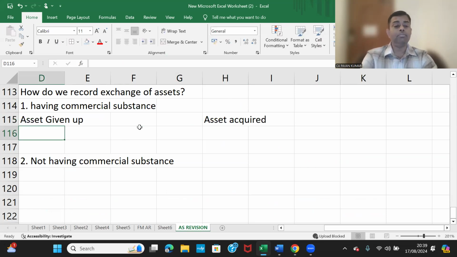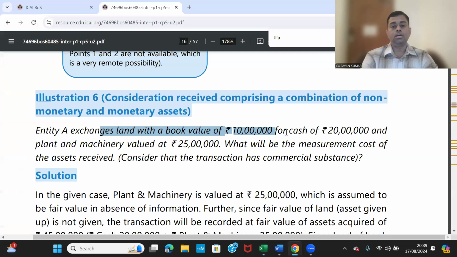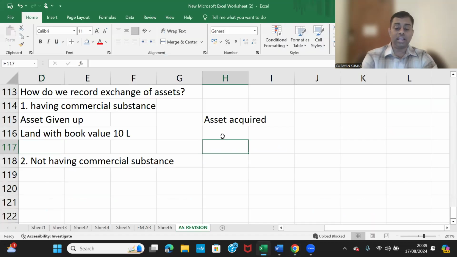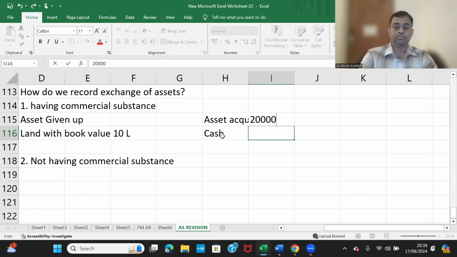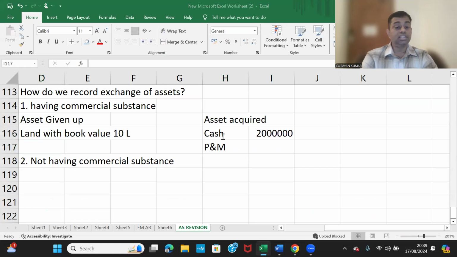The asset given up is land with book value 10 lakhs. Now, what did you get? For cash 20 lakhs and a plant valued at 25 lakhs. So asset acquired is cash, 20 lakhs. Then you got plant and machinery. What is the fair value of plant and machinery? 25 lakhs.